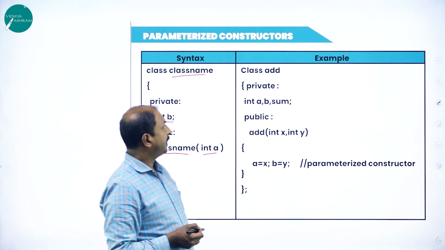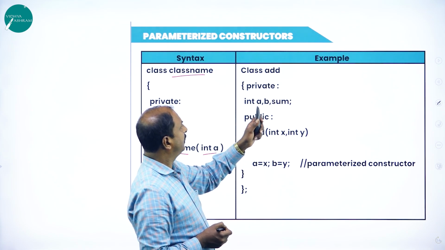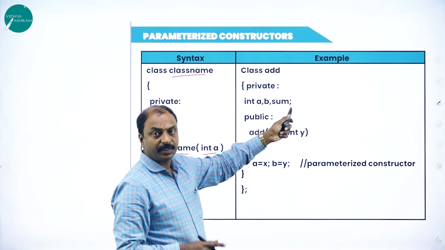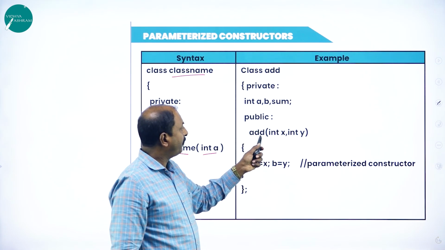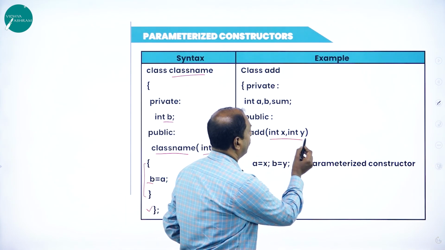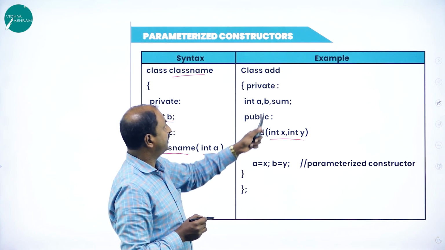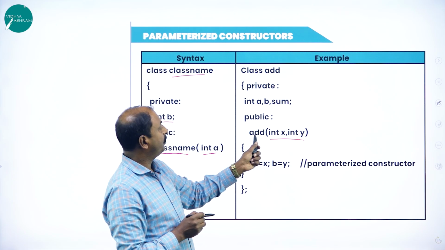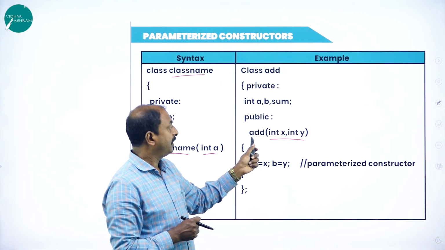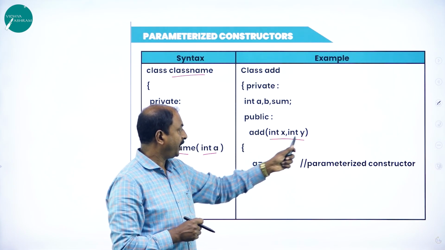Now let us look at the example. Class add, private, there are variables a, b and sum. Under public we have add, int x comma int y. Here add is a constructor because the class name is add. So this member function is add, int x comma int y.